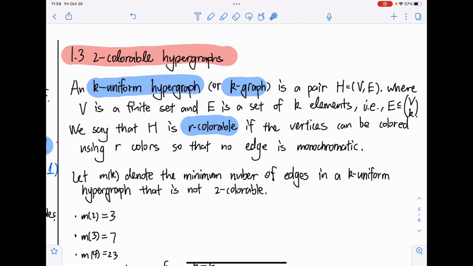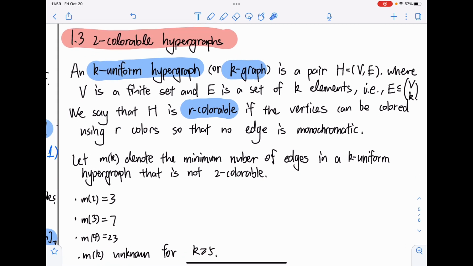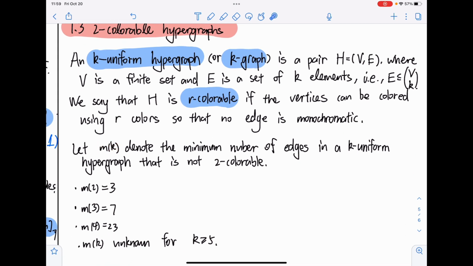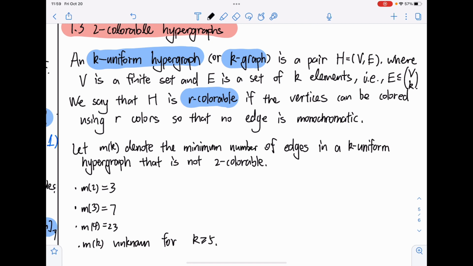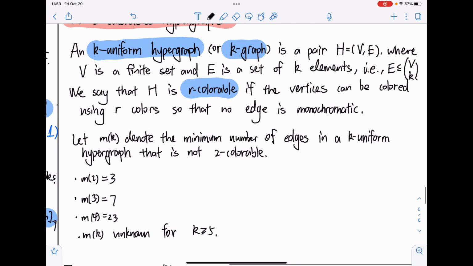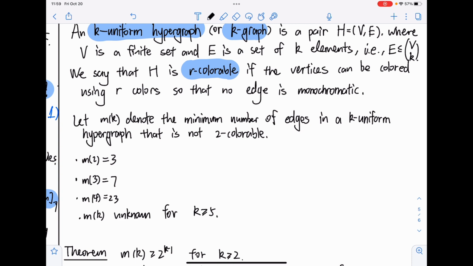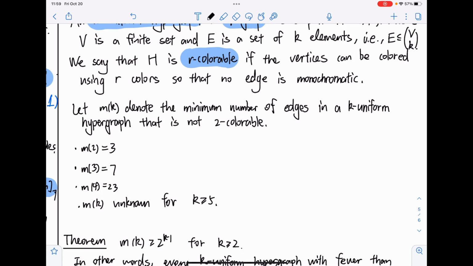Then we let m(k) denote the minimum number of edges in a k-uniform hypergraph that is not 2-colorable.